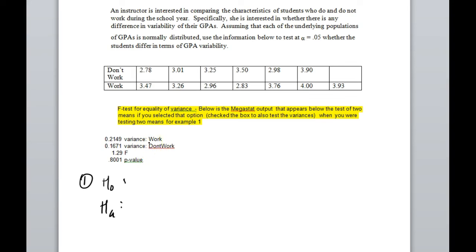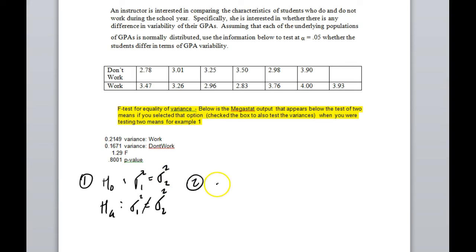And the alternative is, we kind of want to prove that they're different. So HA is sigma squared 1 is not equal to sigma squared 2. And the status quo, or the null hypothesis, is sigma squared 1 is equal to sigma squared 2.